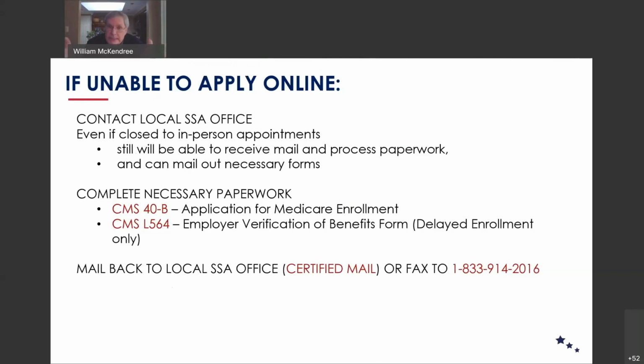Take my call, please. I need these forms mailed to me. Hope they arrive on time. Get them completed, mail them back, fax them, certify them. Oh my. Those are the people I would have told go to the local Social Security office, but again, we can't. So being able to do this online, finding a way to do this online, becomes imperative to a successful application for Medicare.